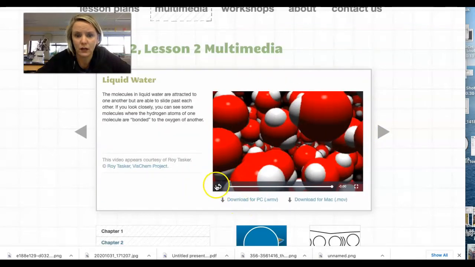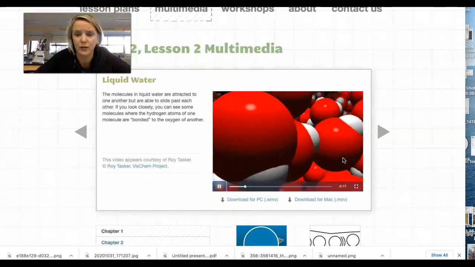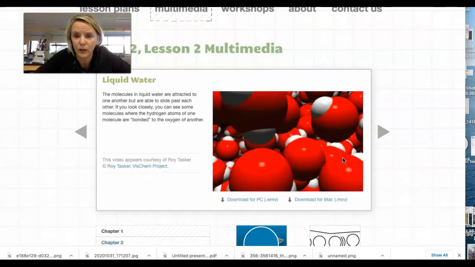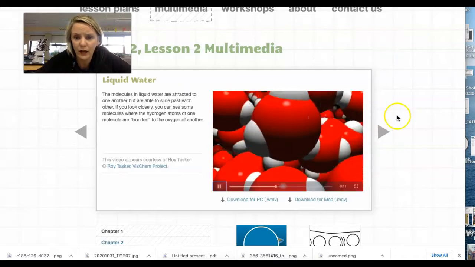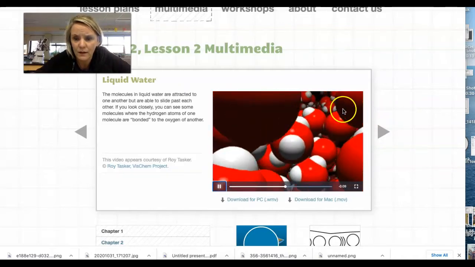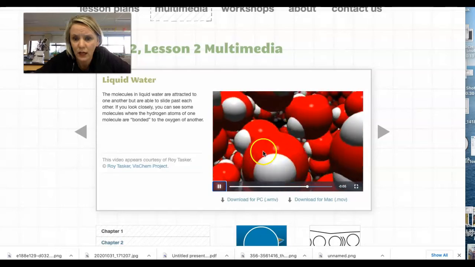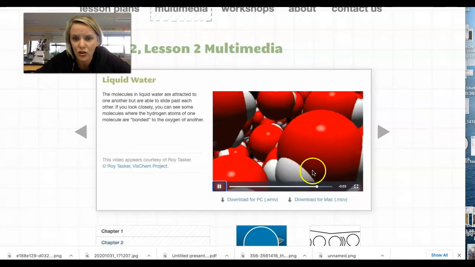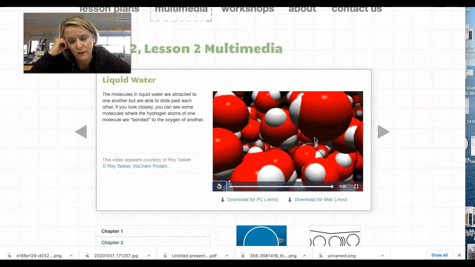We will go here. I'm going to show you. This is an animation of water molecules in a liquid, moving past each other, bumping into each other. These little red balls signify an oxygen, and then the 2 white things on there are 2 hydrogens, H2O, 2 hydrogens, one oxygen.